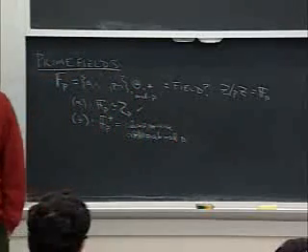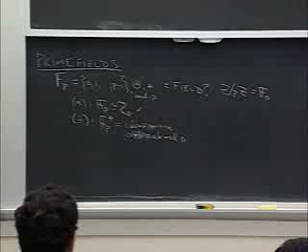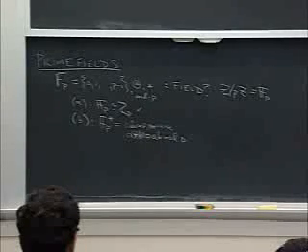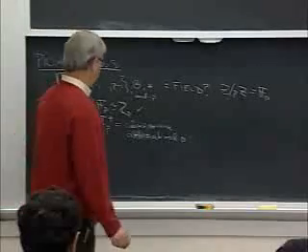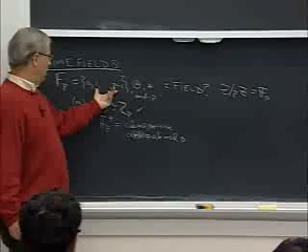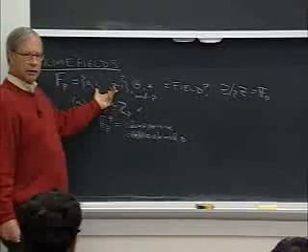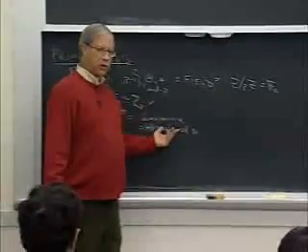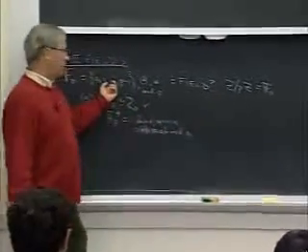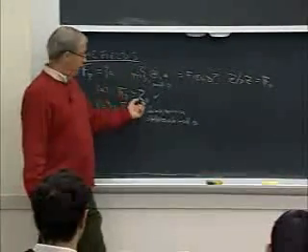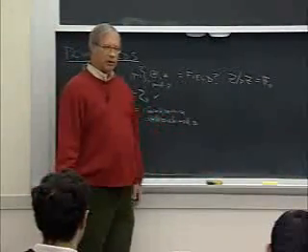Now the question is, could that possibly be 0? Which is the same as saying, could A times B be a multiple of P, where A and B are taken from the non-zero elements of the field? And here, because P is a prime, it's clear that you can't multiply two non-zero numbers which are less than P and get a multiple of the prime P.